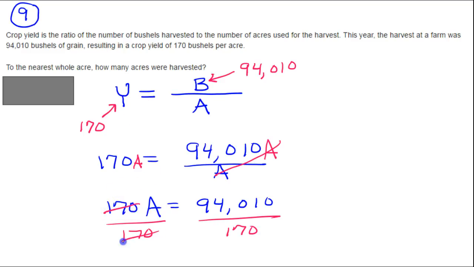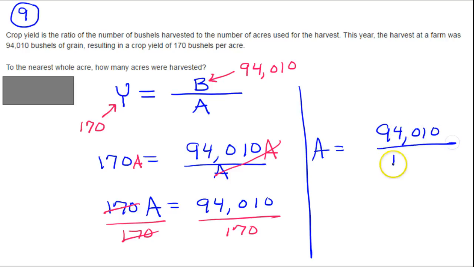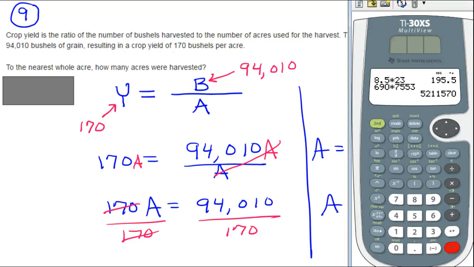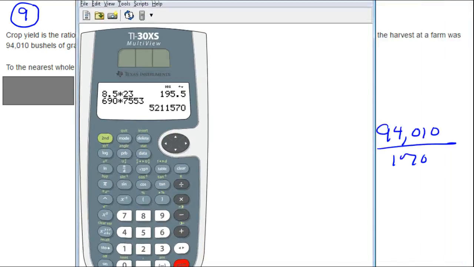The 170s cancel out, and that gives me A is equal to 94,010 divided by 170. Notice that's the same thing I got when I said let's just switch these. It's just quicker if you know the shortcut, but no big deal. At any rate, you have to go ahead and do the calculation.